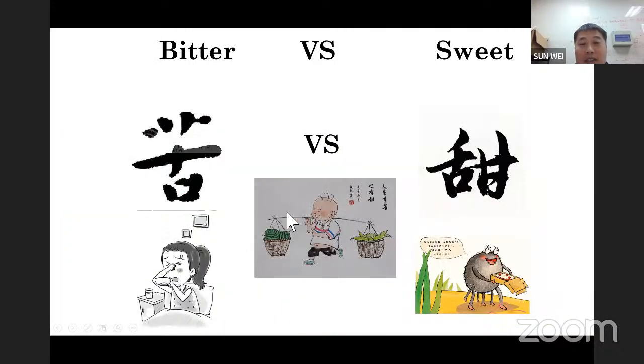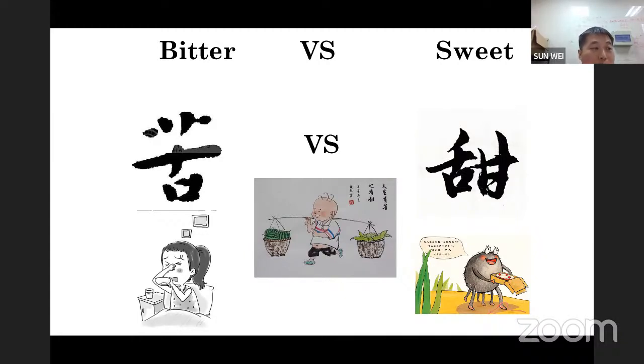Okay, I will introduce some work in my lab. Plants can produce a variety of small molecular compounds to regulate their growth and development and help them resist biotic and abiotic stress.